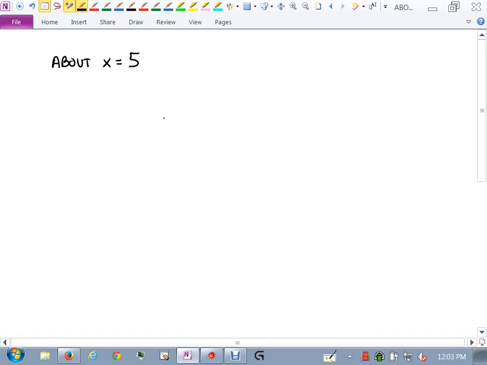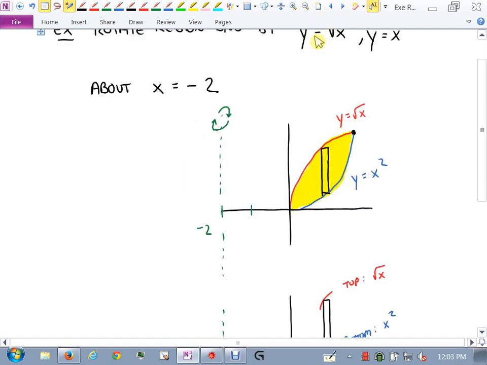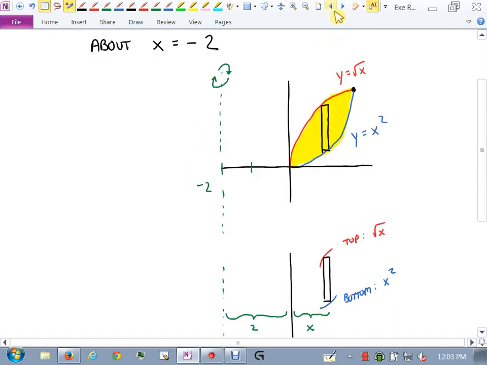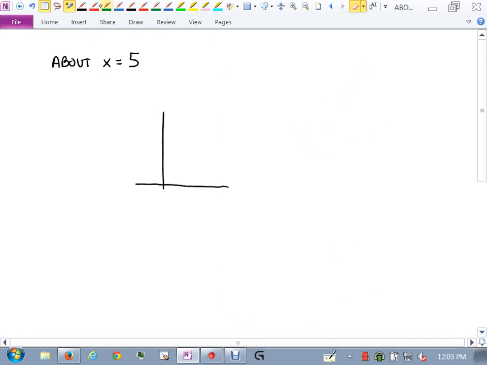So come in, draw my picture. Trying to stay consistent with my colors, and every time I do it, I do the opposite. Okay, the blue and the red. Okay, I want that region.